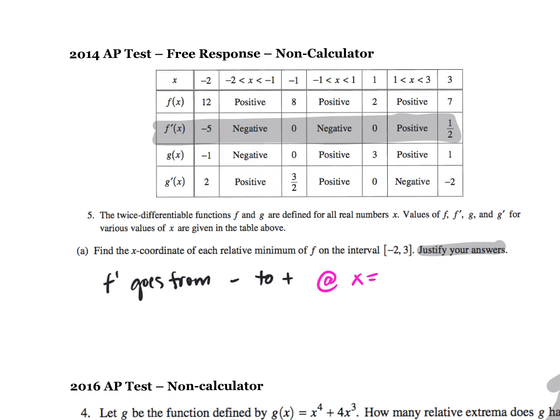Ooh, you're saying it goes from negative to 0 to positive when x is 1. So in a minimum, if they're looking for a minimum of my function f, my f prime actually could go from negative to 0 to positive at that minimum, right? I love it. So we're going to say at x is 1, and we're done.